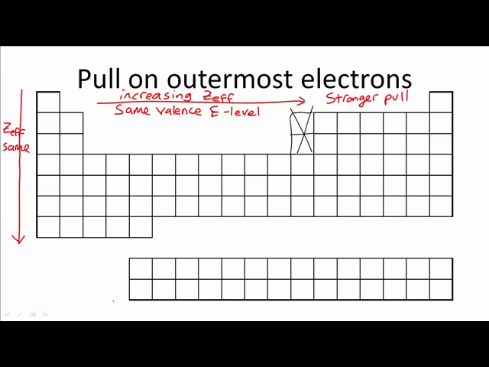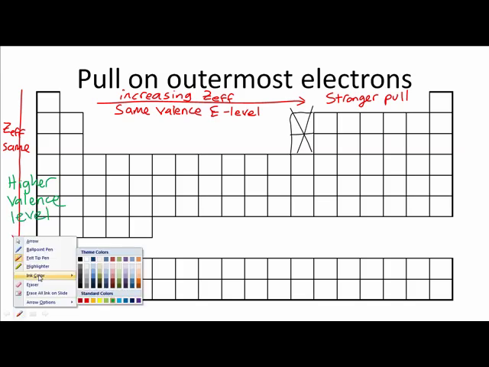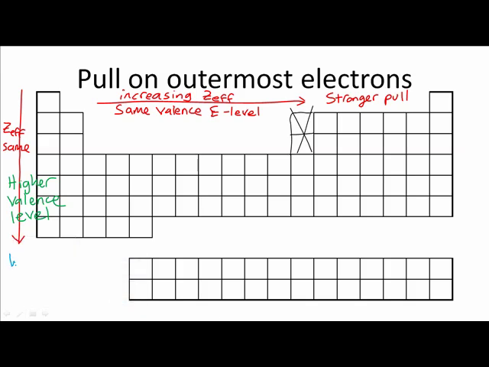You're going to higher valence energy level. Yep. So the net result is you get a weaker pull. Yeah, weaker. The pull from the force of attraction, essentially, between the nucleus and the valence electrons.